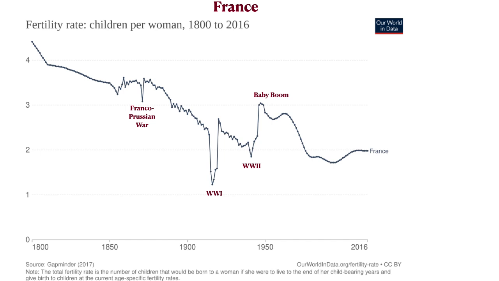It dropped well below it during World War I, comes back, but then by World War II it's below the replacement level again. Then you have the baby boom, where it rises up to about 3. I'll talk about the baby boom in a subsequent lecture, and then it drops after that.